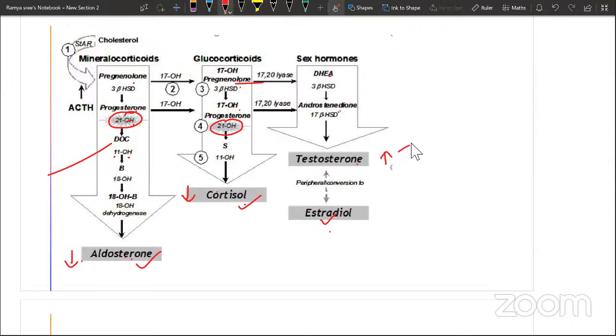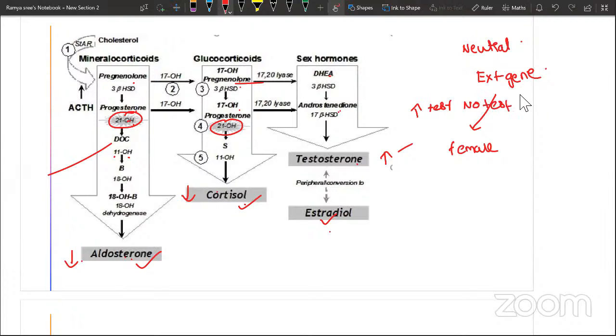This increased testosterone, who decides what will be the external genitalia? To start with, external genitalia is neutral. That is, it is neither female nor male. Who decides what will happen to the external genitalia? External genitalia will become female if there is no intrauterine testosterone.